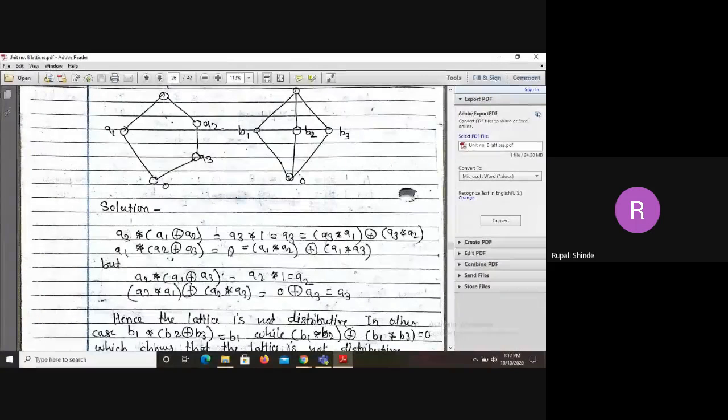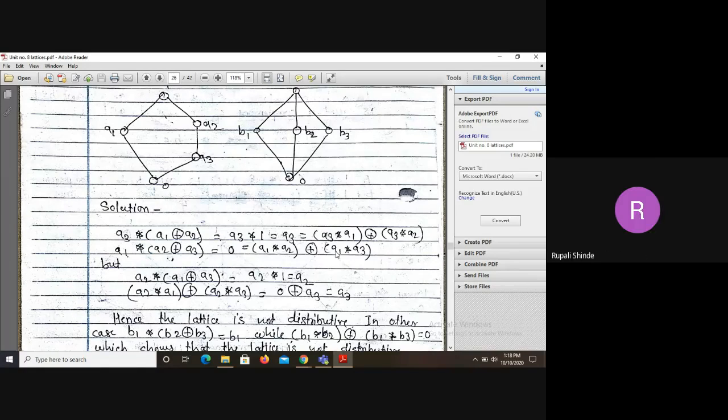Now we apply the distributive property. It becomes (A1 * A2) XOR (A1 * A3). Now check the RHS. What is the value of A1 * A2? We found that it is 0.